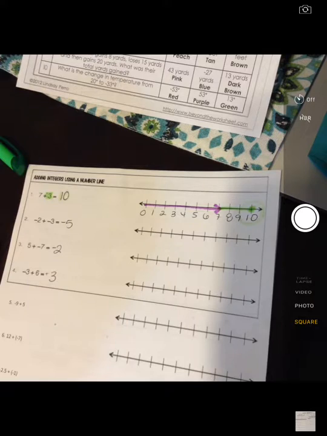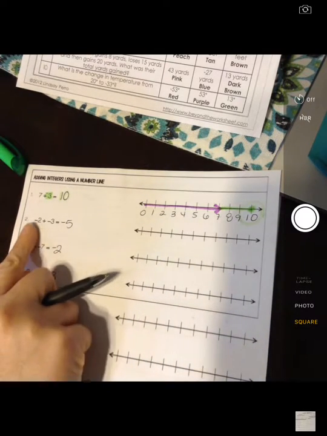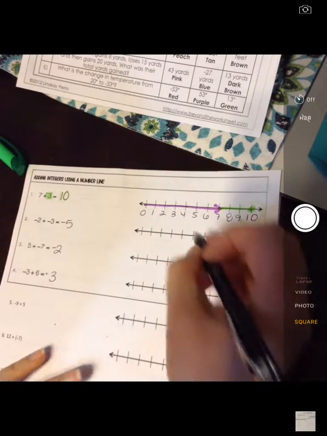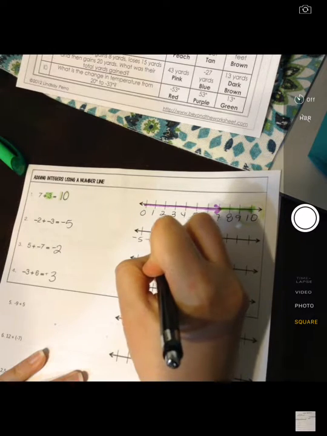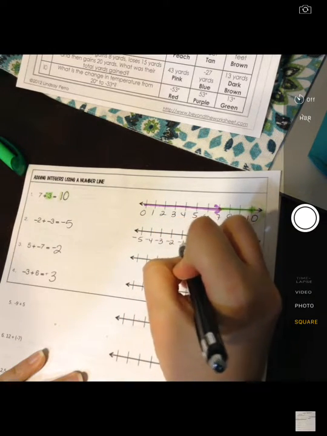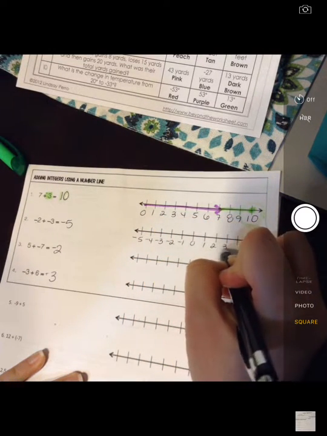I need a different color because this green is not working. So let's do the next one. We need to have negatives this time, right? Negative 2, negative 3. So let's go negative 5, negative 4, negative 3, negative 2, negative 1, 0, 1, 2, 3, 4, 5.